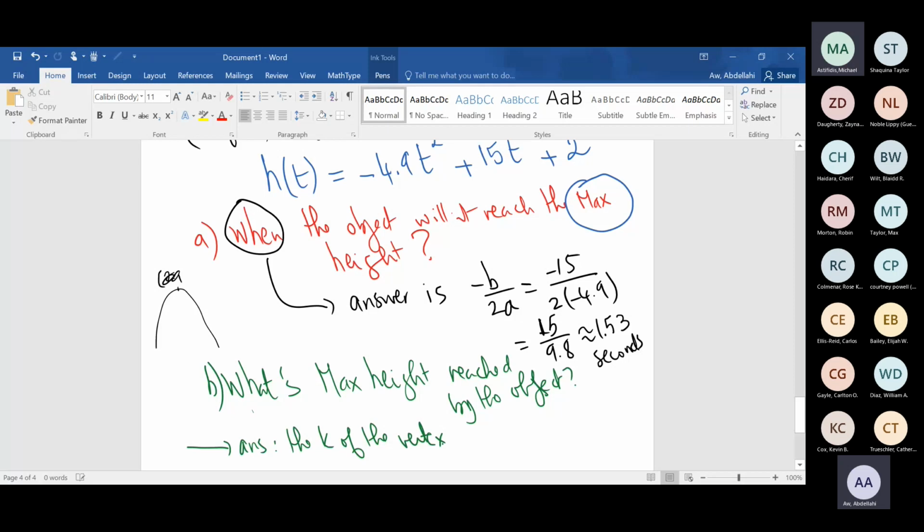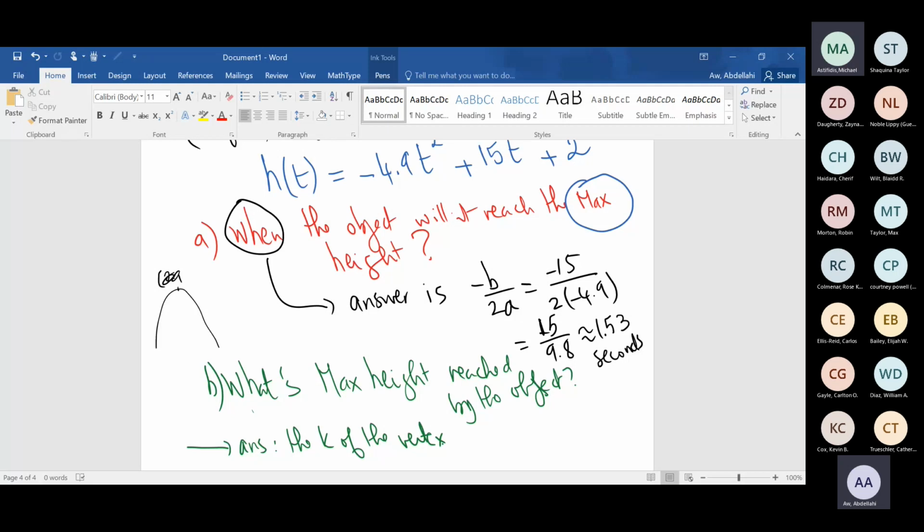And how do we find the k for the vertex? What do we do next? Substitute the h into the original function. Thank you. This is how we get the k for the vertex.